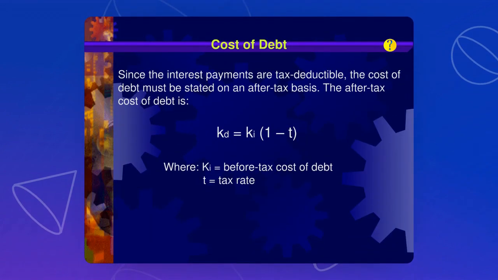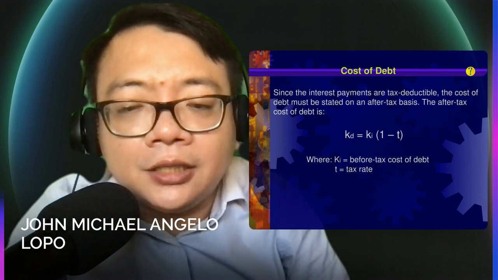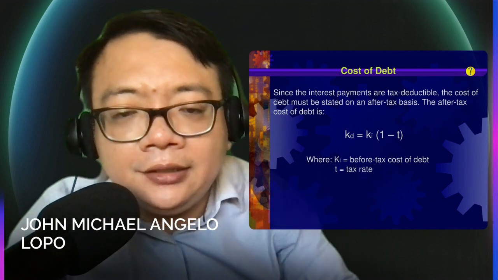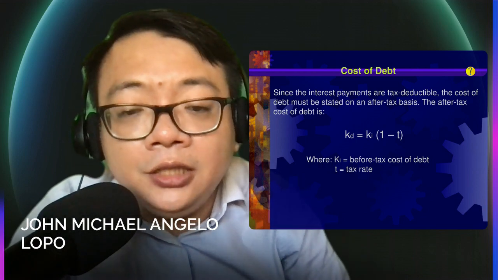Before we compute for your cost of debt, please take note of this. When you compute for your cost of debt, it should be net of tax. Why net of tax? Because debt involves interest expense, and the interest expense is part of your income statement.